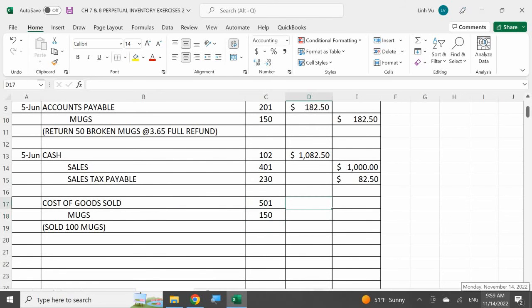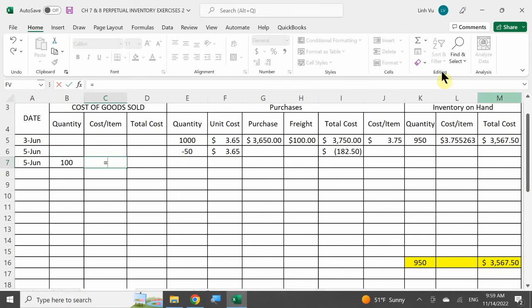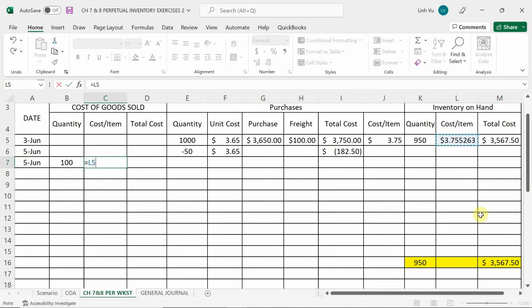Okay, now we need to calculate my cost of goods sold. So in this case, I have to go to my inventory worksheet to solve for my cost of goods sold. So today is June 5th. We sold 100 units at what cost per item? 3.75523.